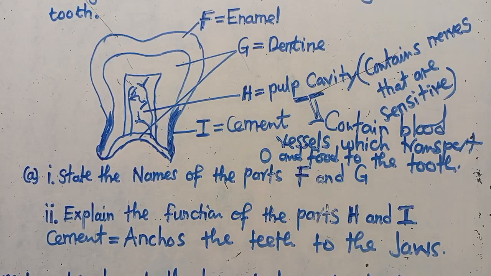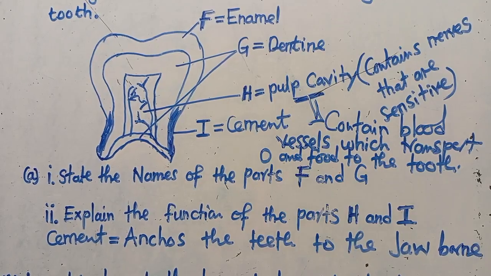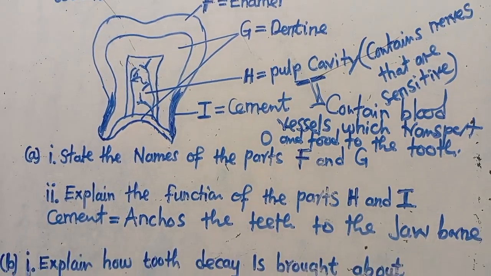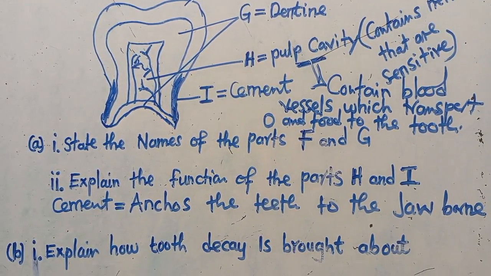It is a part that sticks to the jaws. These can be jaw bones, so you can put jaw bone there. That's the function, to anchor the teeth to the jaw bone, just like that.